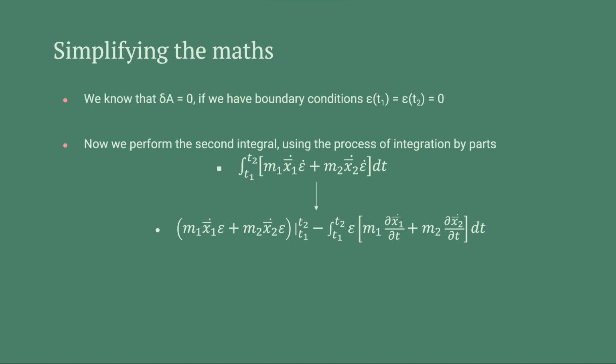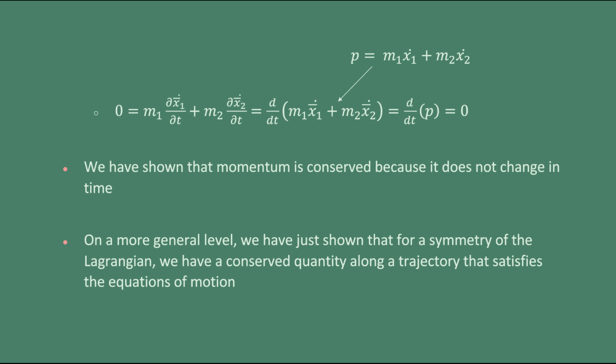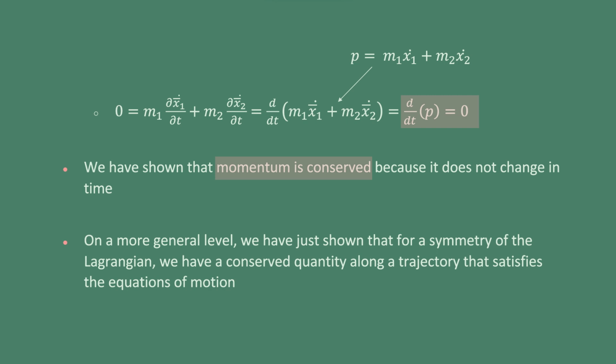Now, we know that this answer equals 0, so the expression in the brackets must be equal to 0. Now, the expression within these brackets is equal to the change in momentum. In this case, we've shown that momentum is conserved because it doesn't change with time. Here's our expression, and in red we've got the change in momentum over time equals 0.